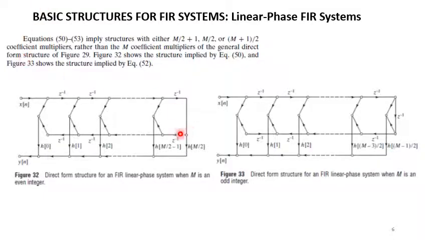So we have the same number of delays, but we have reduced the coefficients. We are not reducing the delays; we are just reducing the number of coefficients, based on the fact that for the linear phase FIR system we have the 4 types based on the symmetry conditions.